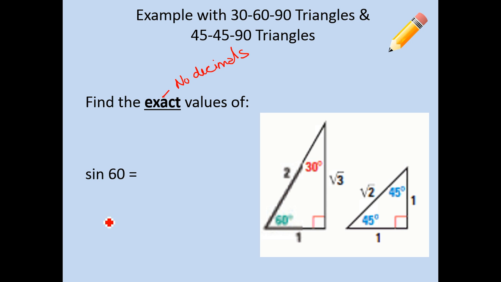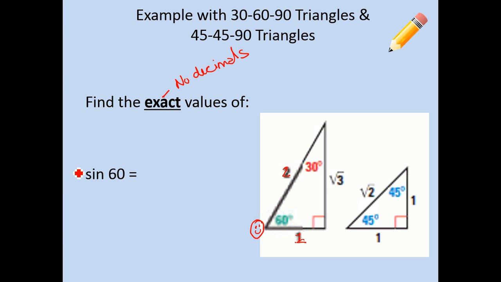So we want the sine of 60. I have 2 triangles here. I have a 30, 60, 90 and a 45, 45, 90 triangle. Remember, short leg is 1, the hypotenuse is double, and then the long leg is 1 square root of 3. And since I want the sine of 60, this is where I'm going to be standing.